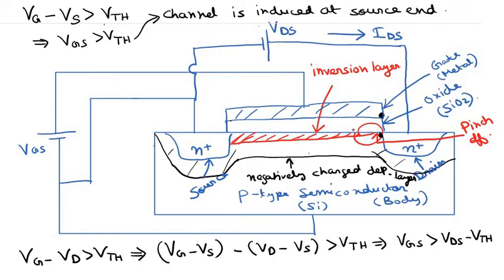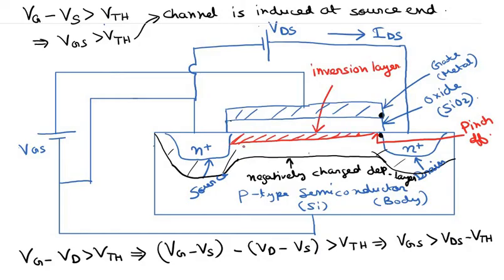This is just to show that this part of the channel which is attached to the source end contains more number of the electrons actually. Okay, this is not really the thickness of the channel that is varying, but it is actually the number of electrons or the strength of the channel that is decreasing as we move from the source towards the drain.